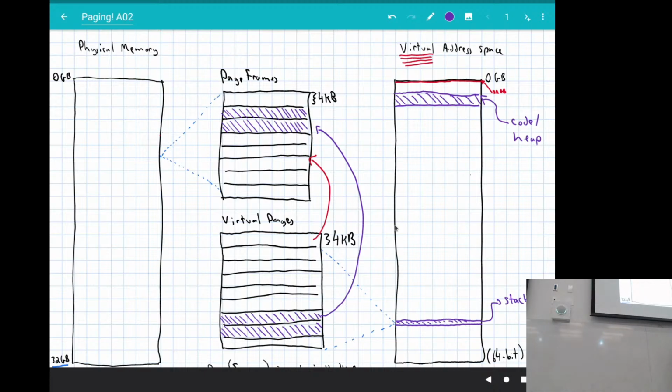And so the relationship that we've got is that we're going to have this abstract idea of a virtual address space, and this abstract idea of virtual page numbers that represent where they're actually located in the virtual address space.